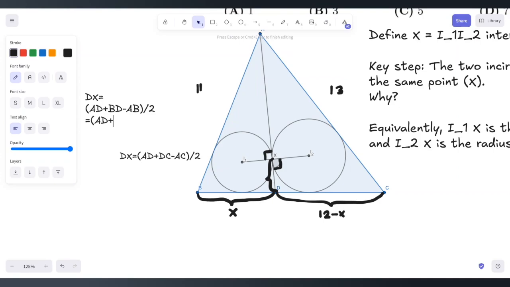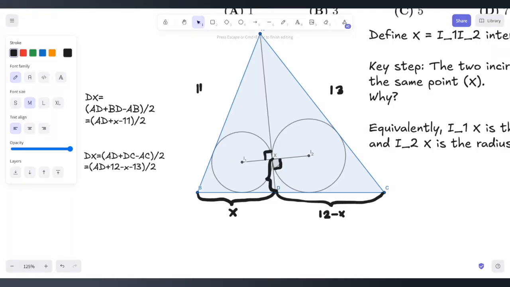So rewriting this first equation with the info we have in the problem and letting BD equal lowercase x, we have AD plus x minus 11 over 2, and rewriting this second one over here, we just have AD plus 12 minus x, and then minus 13, all over 2.